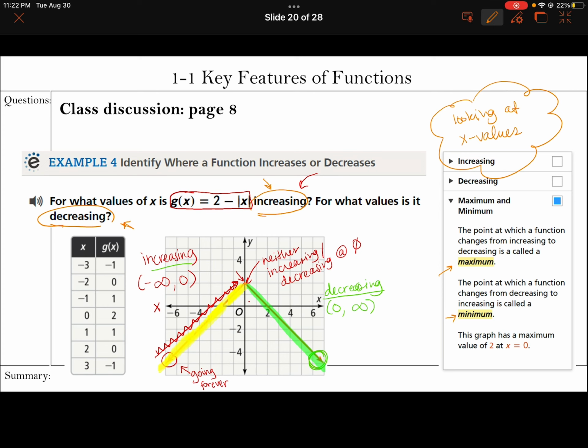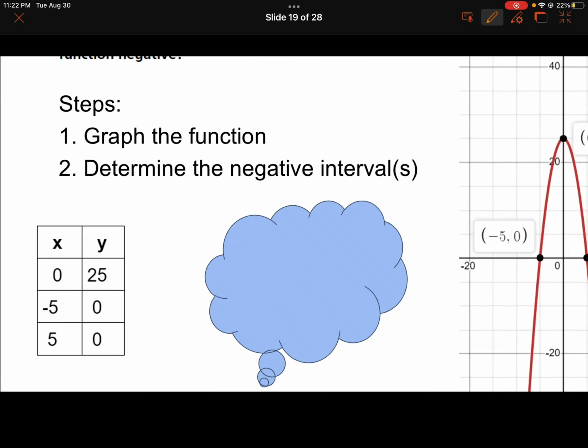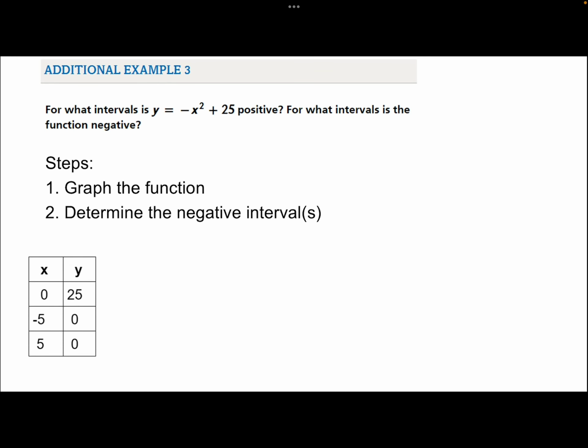Okay. So make sure for increasing, decreasing, looking at x values. Let me go back, please.